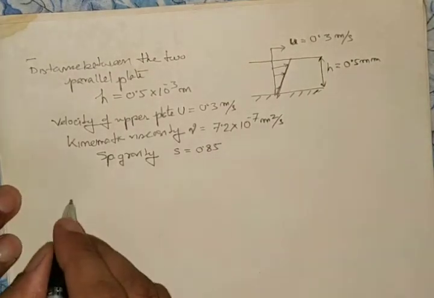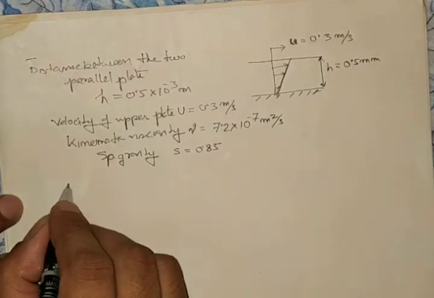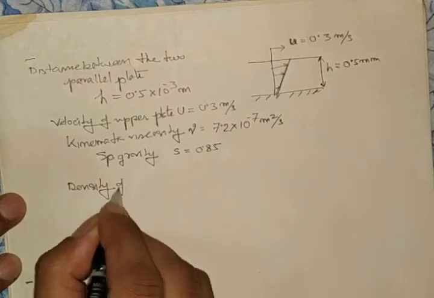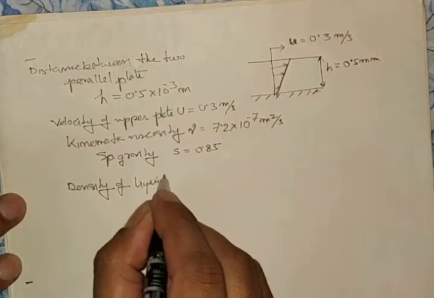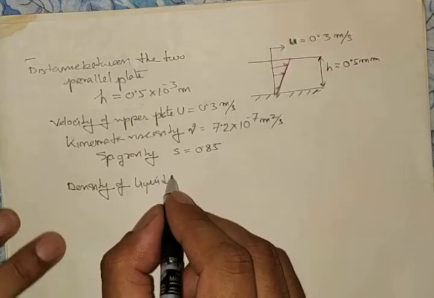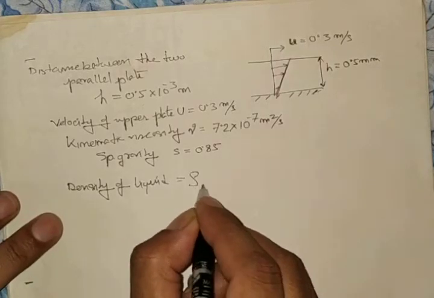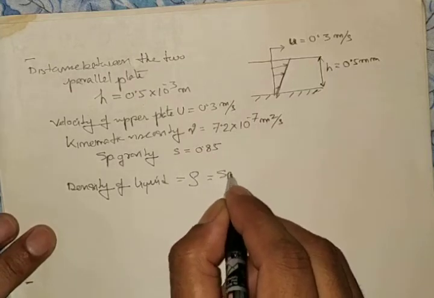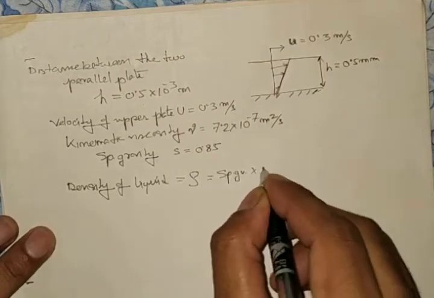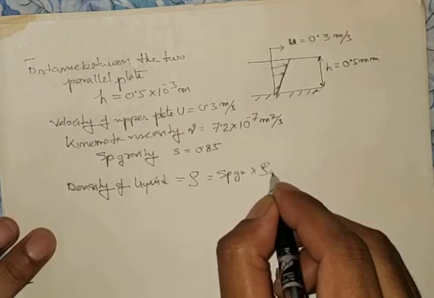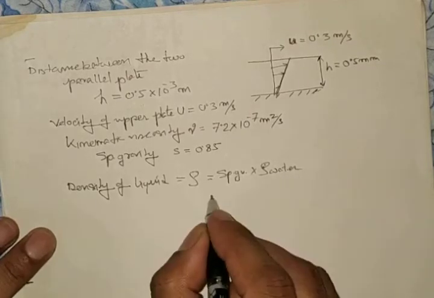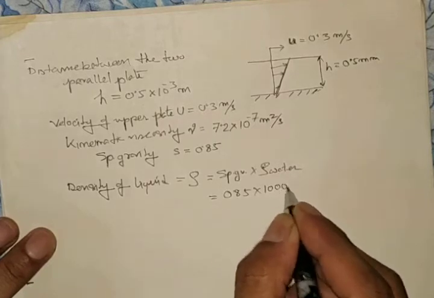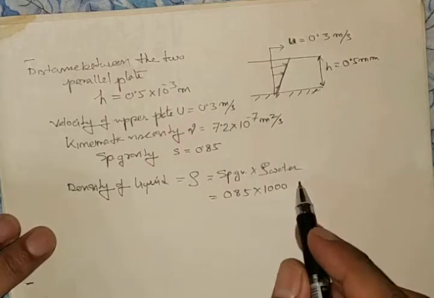At first you have to find the density of the liquid. Density rho is equal to specific gravity into the density of water, so 0.85 into 1000, where 1000 is the density of water.